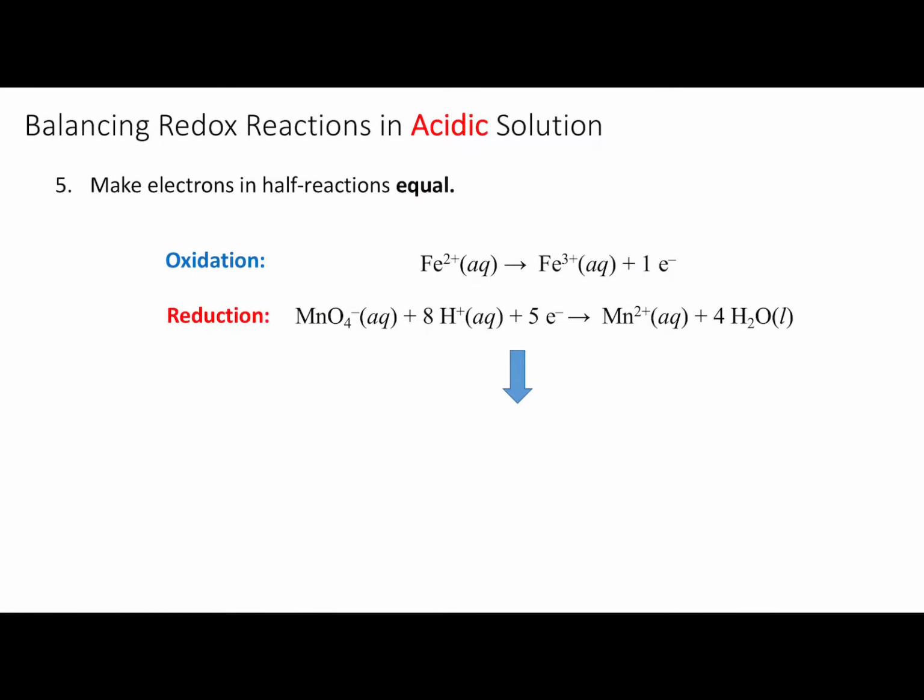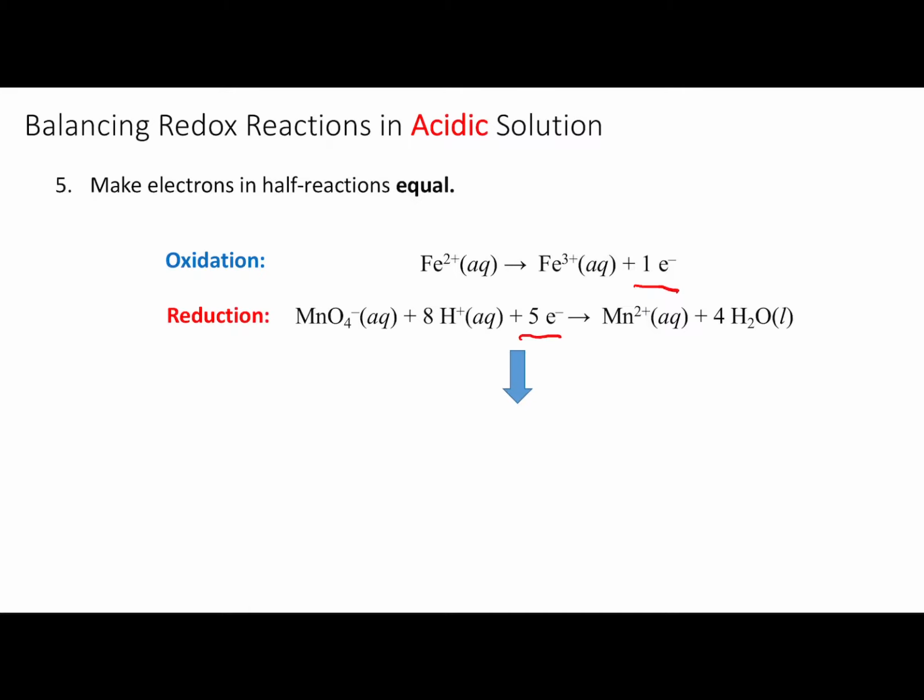The next step is to make sure that the electrons in the half reactions equal each other. So you'll notice in the oxidation half reaction right now, there's only 1 electron that is lost, but in the reduction half reaction, there are 5 electrons that are gained. Those don't equal each other. We can't gain electrons that don't previously exist, that have not previously been lost.